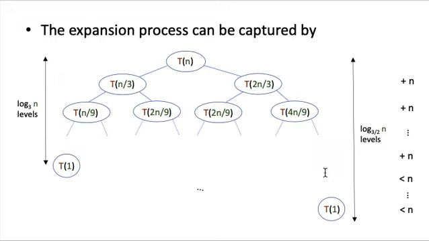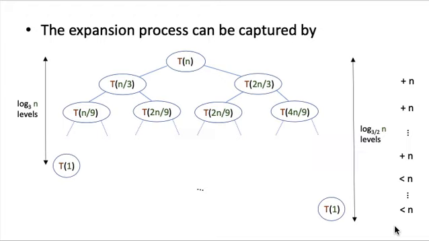So the height or the length of the path on the right hand side is actually log n base 1.5. And after the first log n base 3 levels, we don't have everything to go on further. So we will see that each level after that will have an extra term less than n to be added.